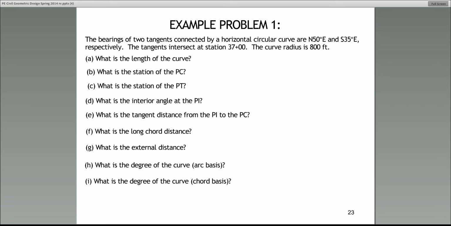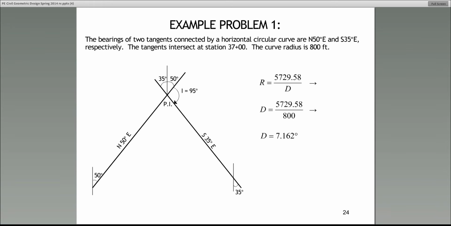Remember, I told you, make sure you don't make a mistake. You want the equation that has L, all right? That's the length of the curve. So make some substitution and tell me what you come up with for the length of the curve. Well, let me show you the equation.